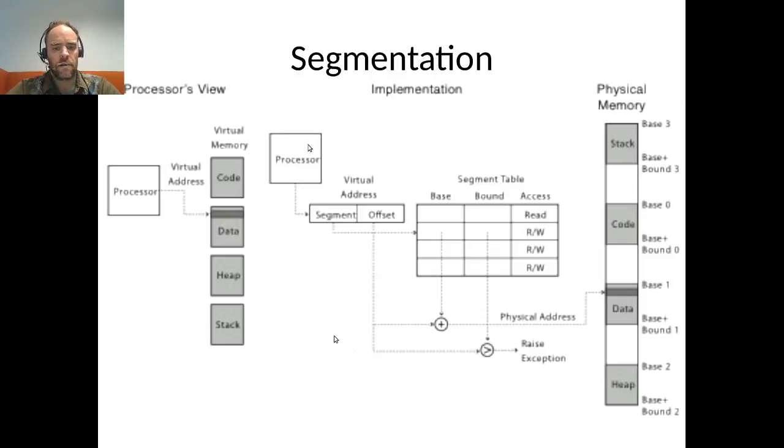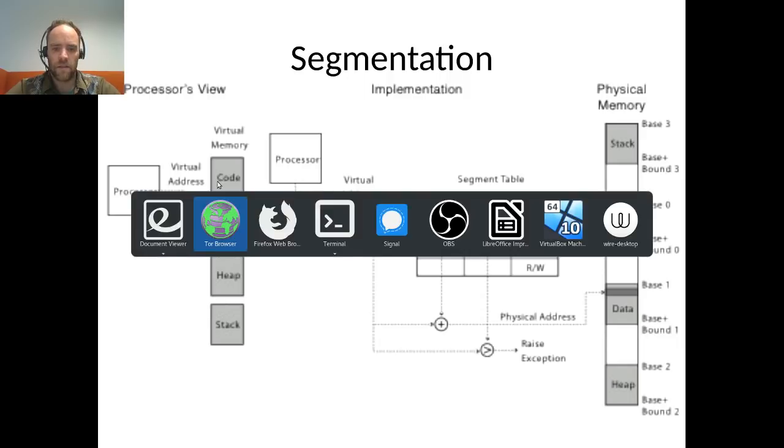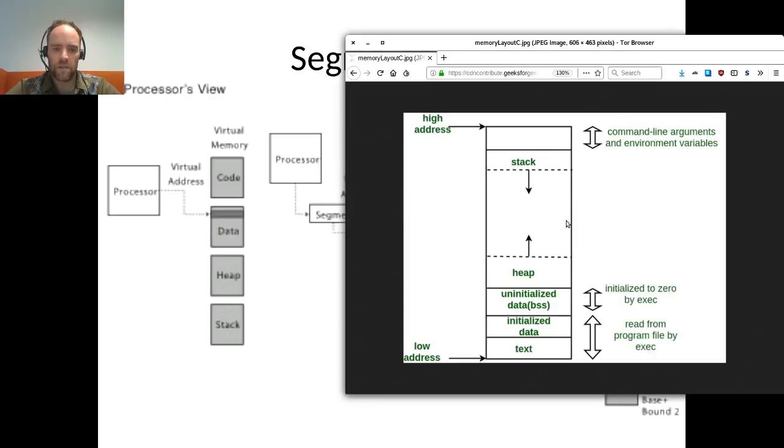Let's have a look at our processor versus implementation view. From a processor view, we see that we're reading and writing to virtual memory addresses. So we would have these different segments, and we can see now that they are quite similar in name to what we saw for our C program.